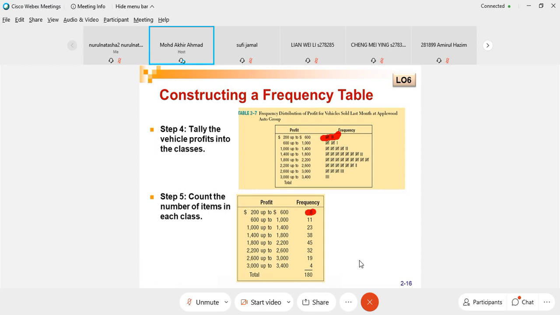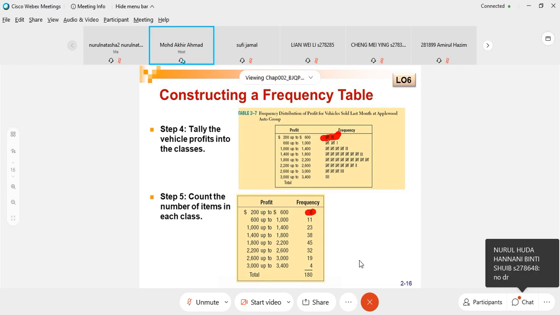Total is 180. Okey, ada soalan? Any question? Ada soalan tak? No, Doktor.